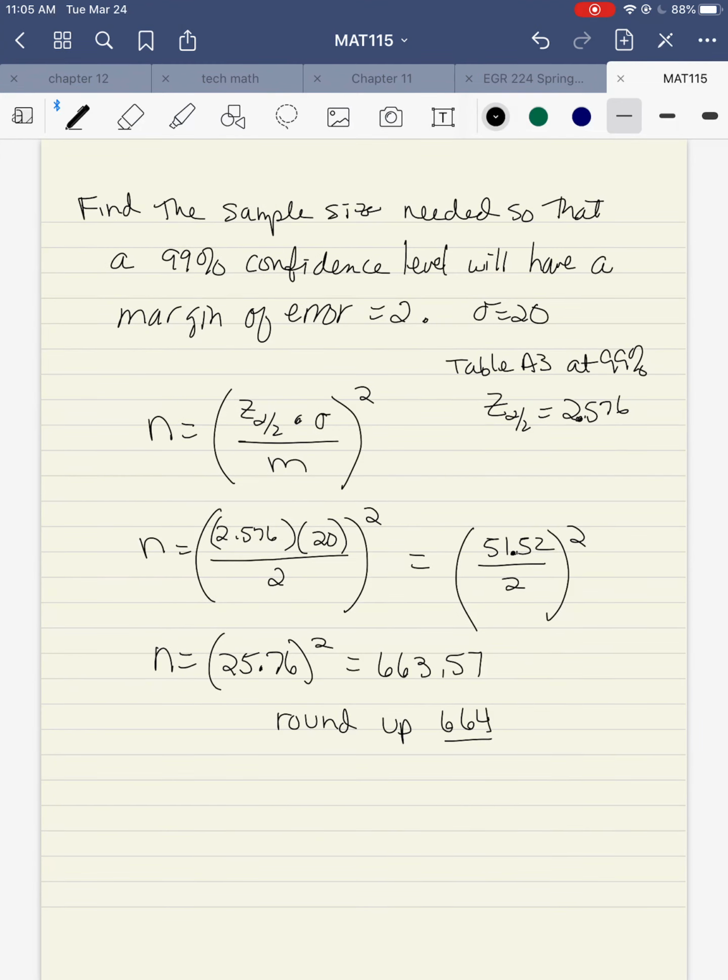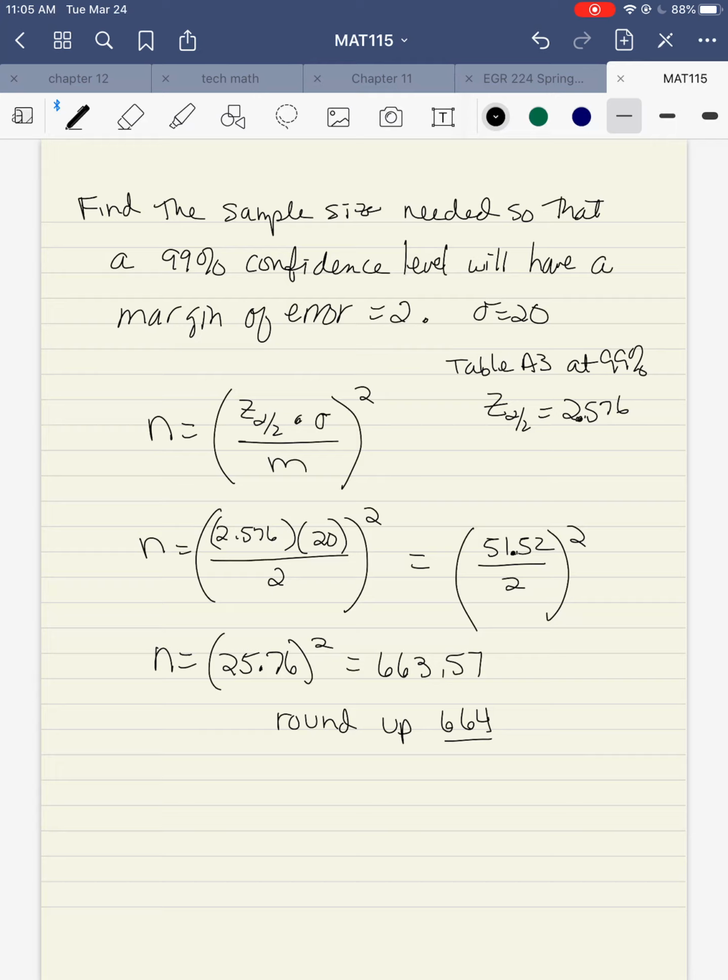Then the question goes on to say, find the sample size needed so that a 99% confidence level will have a margin of error of 2. So sigma is 20. From table A3 at 99%, again, that number is in there. The critical value is 2.576. So the formula to find the sample size is critical value times sigma over the margin of error, squared.